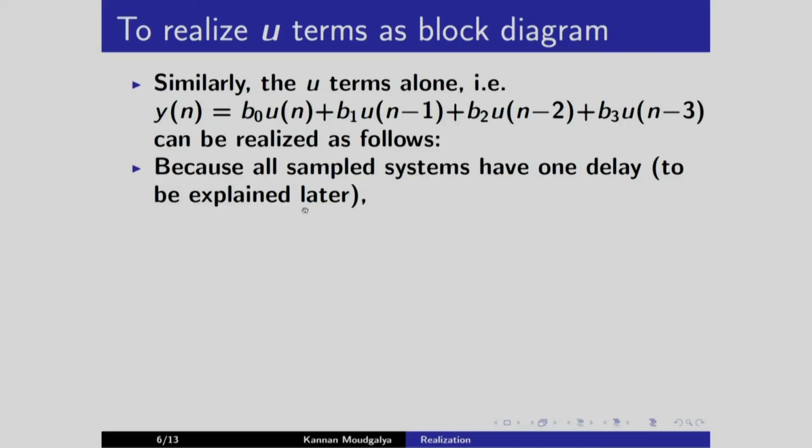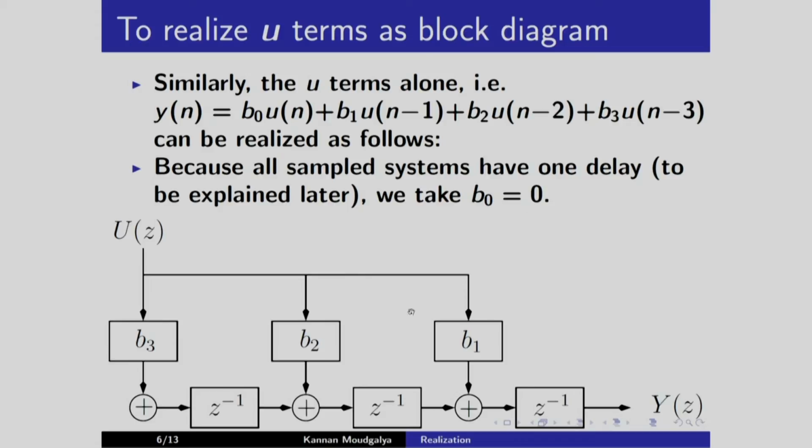So we will explain this shortly. What we will do is we will take B naught to be 0. In other words, this U of n will not appear directly in Y of n, there will be at least one delay. This will be explained later.